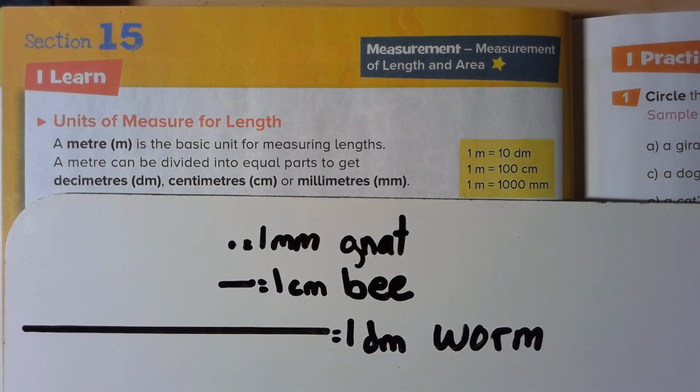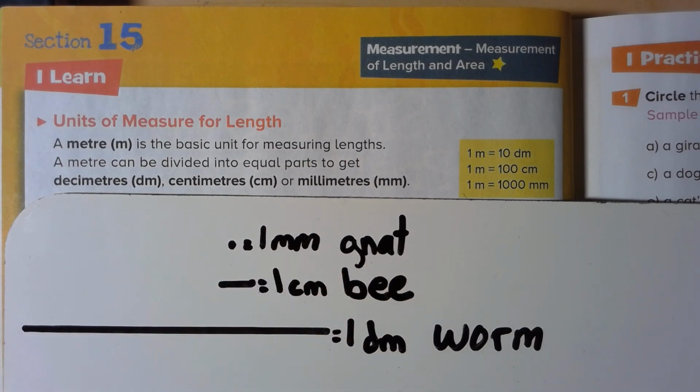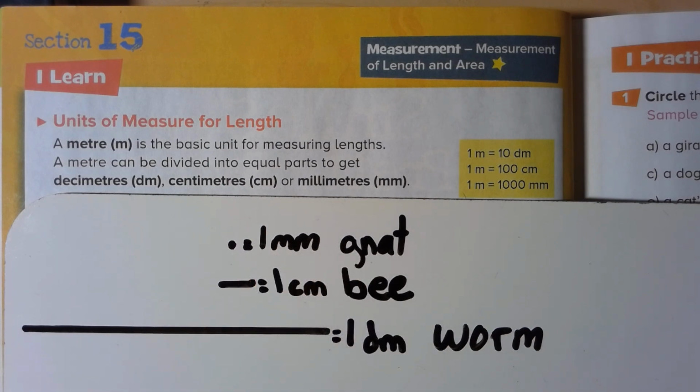What if I wanted to measure the thickness of an eyelash? What unit of measurement would you use to measure the thickness of an eyelash? I'm guessing the millimeter. An eyelash is very, very thin, so you would need a millimeter for that.